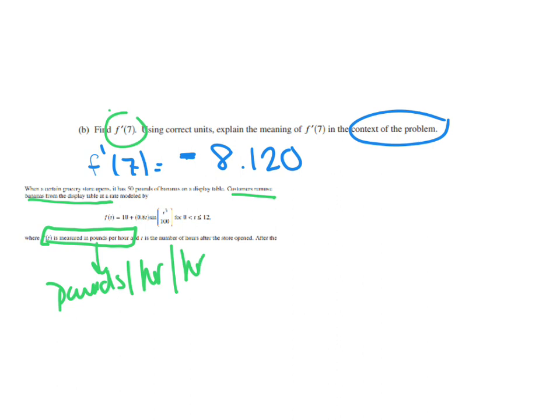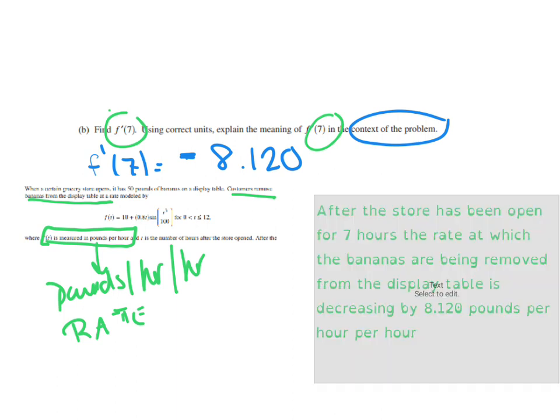So we know we have to get those correct units. If we took a derivative, our sentence should include the word rate. And we have to talk about the context of the problem, specifically at the number 7, since that's what we were asked to plug in. I'm actually going to pause this and write it out for you. And here's what I think your sentence needs to be close to.